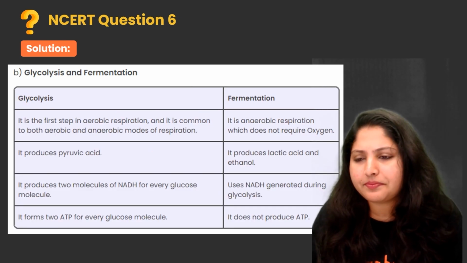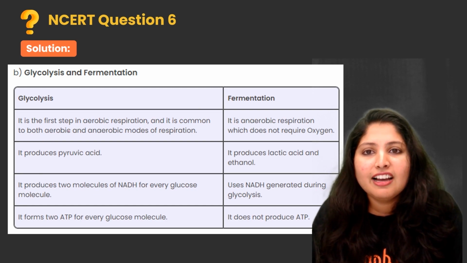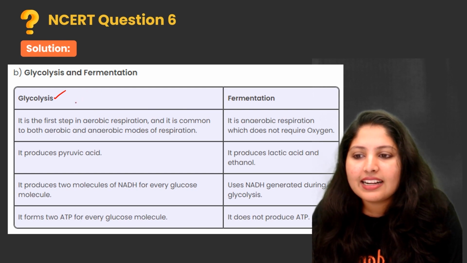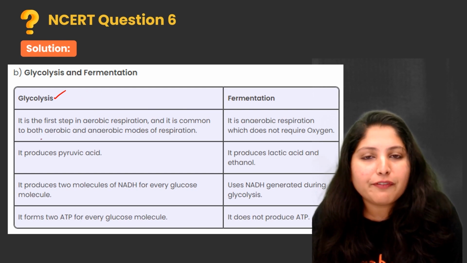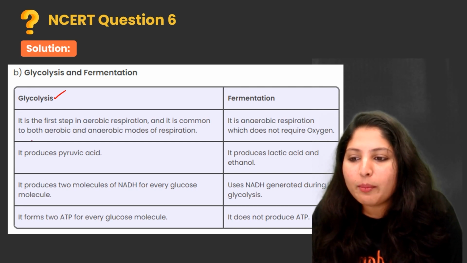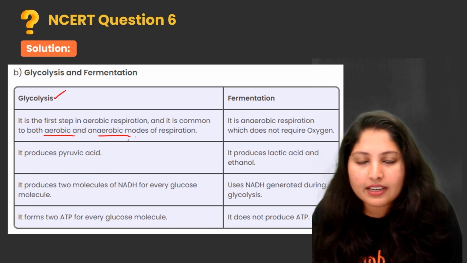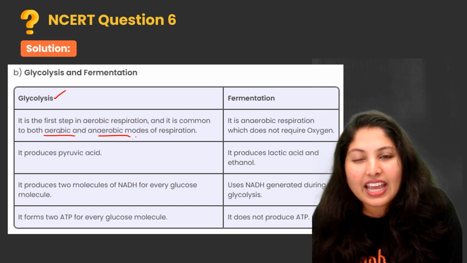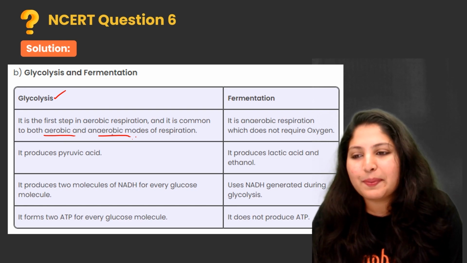Next question. The second one, glycolysis and fermentation. What do you mean by glycolysis? Glycolysis means splitting of glucose. It is stepwise. It is common in aerobic and anaerobic respiration. Okay, so this we can see in both aerobic and anaerobic respiration.